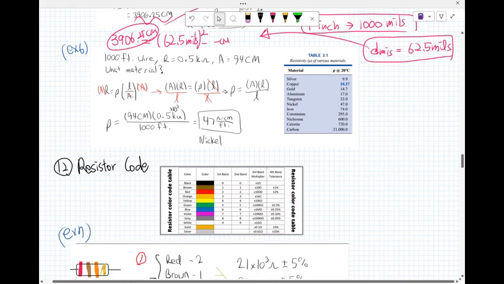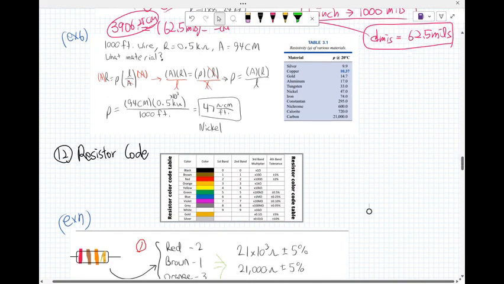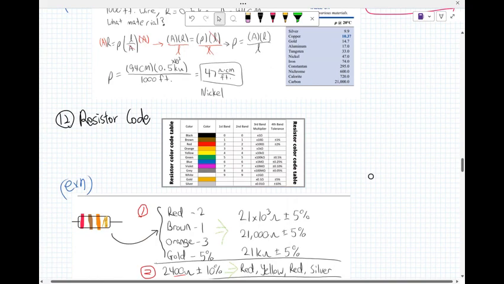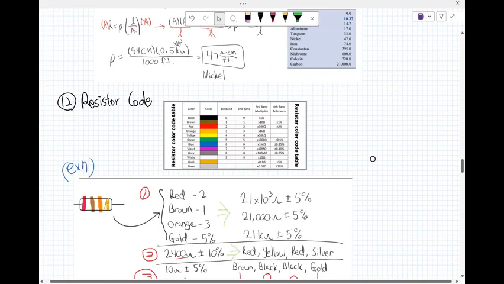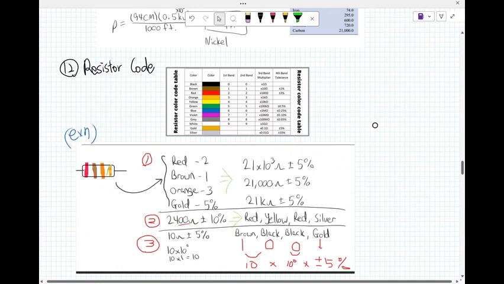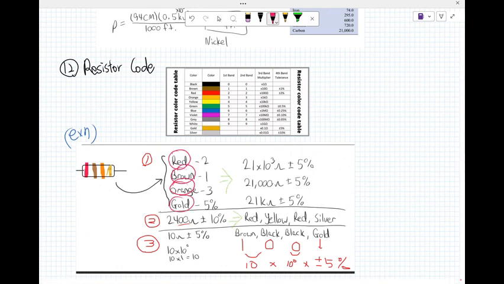Okay, the resistor color code. For example, red, brown, orange, gold. From the table, you can find the corresponding values: red is 2, brown is 1, orange is 3, and gold is the plus or minus tolerance, okay?